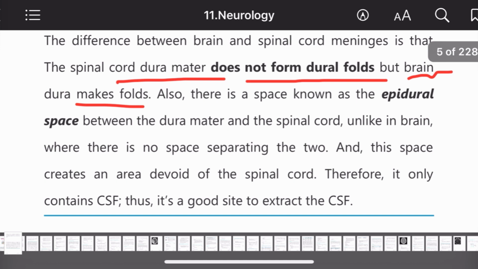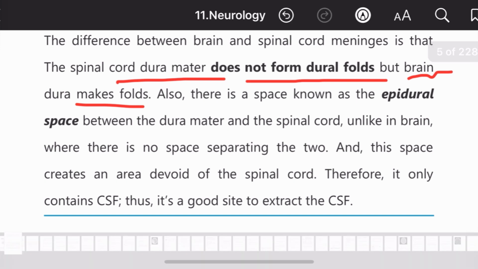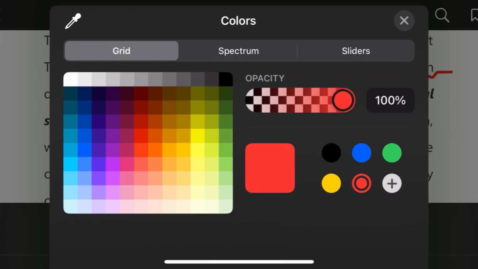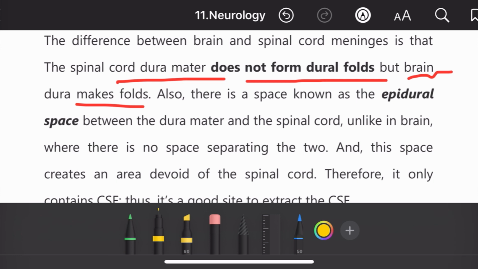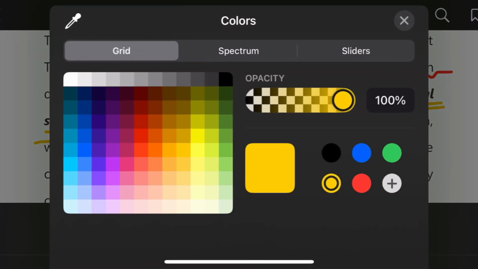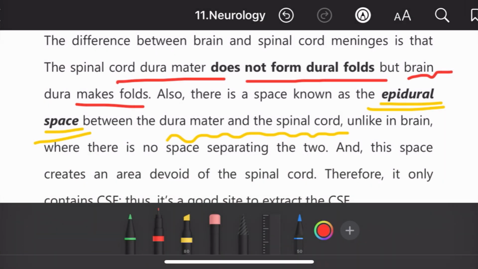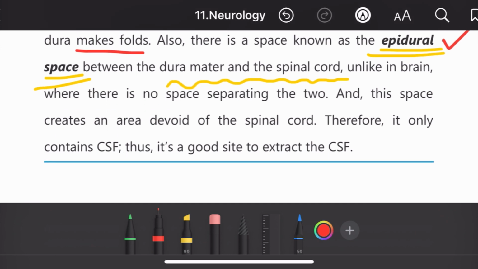Also, there is a space known as the epidural space. If you note it, we have a space called the epidural space. The epidural space is a space between the dura mater and the spinal cord, unlike in the brain. So the brain does not have this epidural space. Here we have the dura mater and the spinal cord, and in between we have this epidural space.